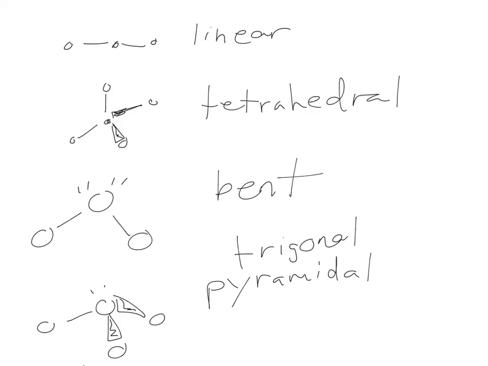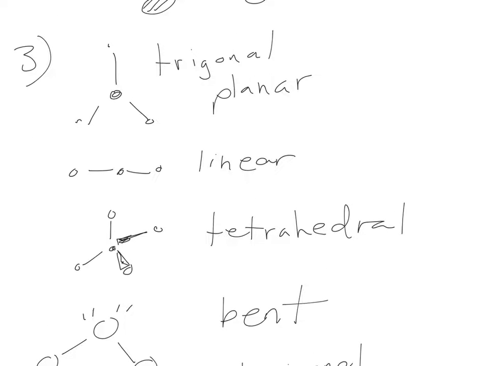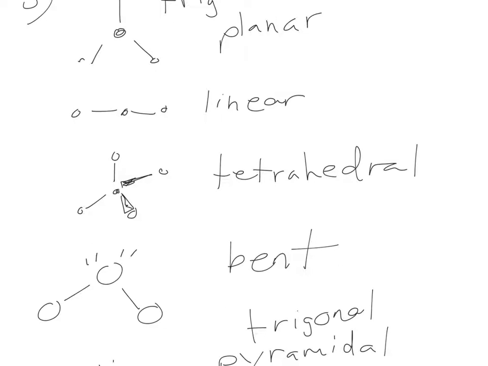Let's go up here to the linear one. If I look in my examples, I see a linear molecule on the left. At the top there's a nonpolar linear molecule, and on the right I also see a linear molecule. Those are both linear. If I look on the left and the right, I see tetrahedral in both places.